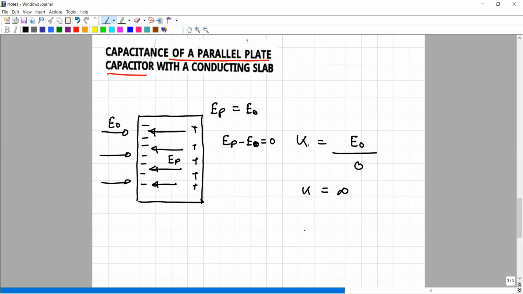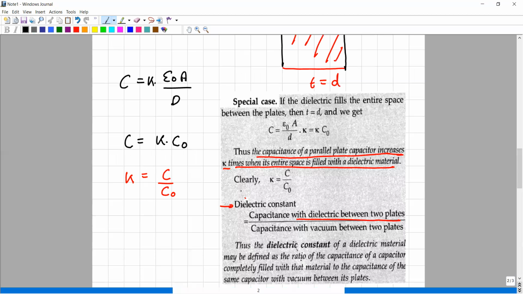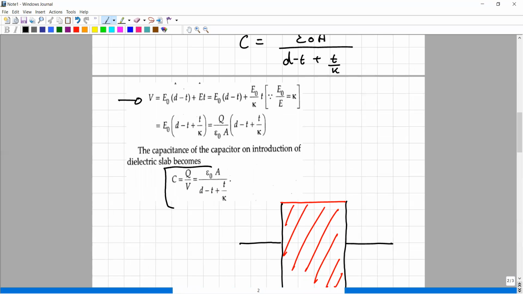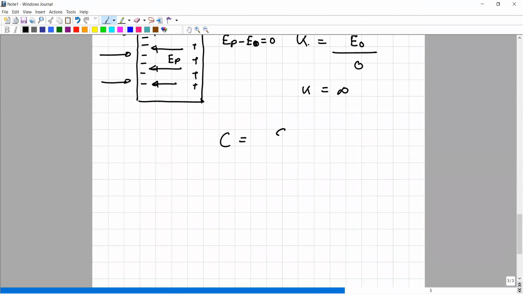Now, if the dielectric constant becomes infinity, what was the capacitance formula that we found out here? You see this formula here: epsilon naught A over D minus T plus T by K. We are going to use the same formula: epsilon naught A divided by D minus T plus T over K. Now, we have just found out that for a conductor the K value is infinite.